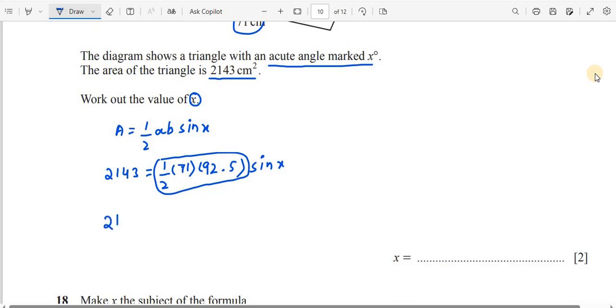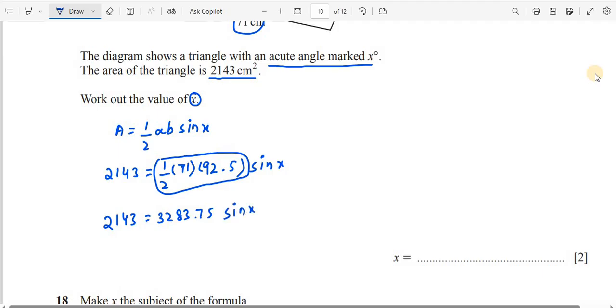Calculate these values. After calculating, we get 2143 is equal to 3283.75 sine x.